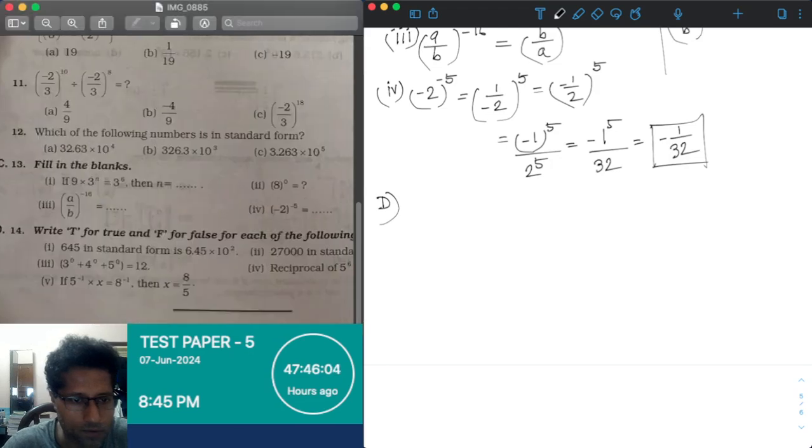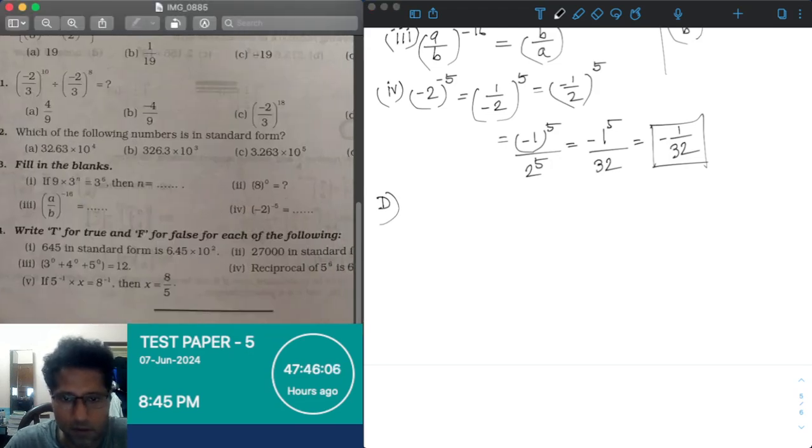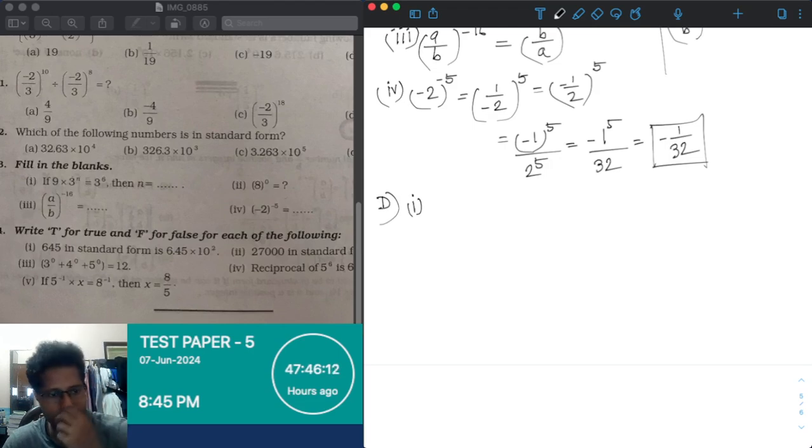Okay, these are true false statements. The first one says that 645 in standard form is 6.45 multiplied by 10 square. So let's first see what the standard form of 645 is. We know how to find the standard form. We first put the decimal point after the first digit from the left hand side.